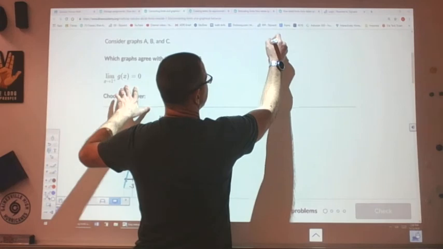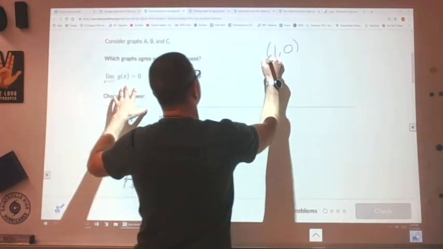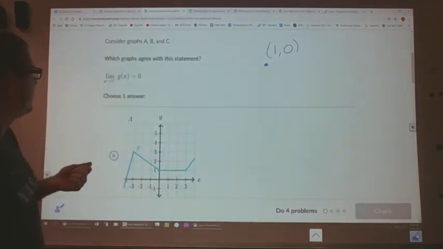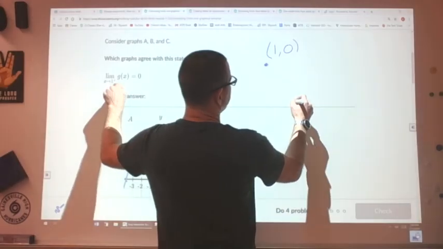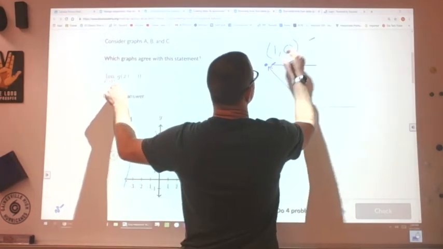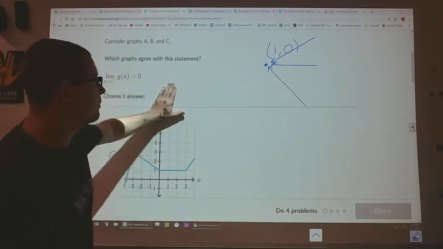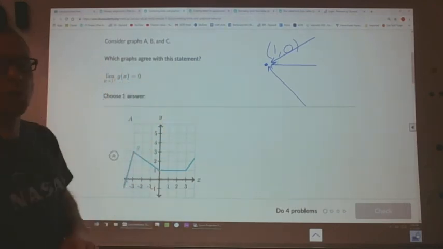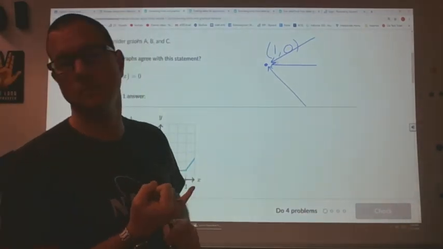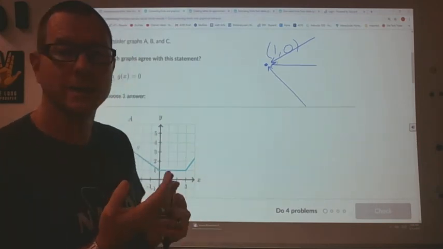So effectively, if we have the point 1, 0, I need to find a graph that is approaching that from the right. That's what this is saying. I don't care what the left-hand side is doing, but the right-hand side needs to be going to the point 1, 0. So I need to first plot the point 1, 0 on these graphs, and then second, see, are they approaching that ordered pair from the right?